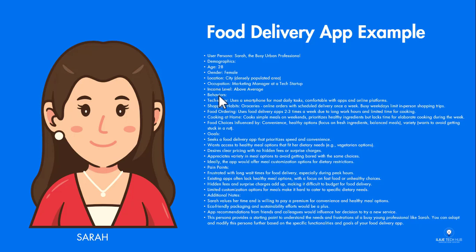With this persona, we are able to understand what Sarah wants: her demographics, her behavior, her goals, the pain points, and also some additional notes, something to know about Sarah and how to design for her. I don't want to go much over this because it's already in the notes. So let's go to the next part.